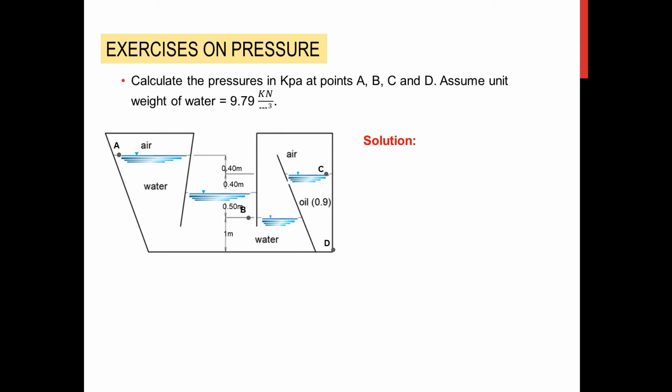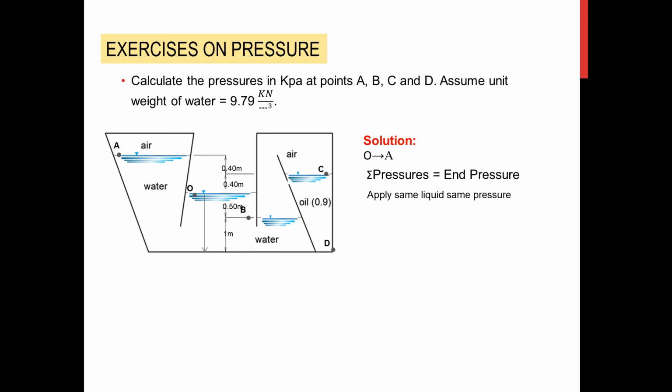For our solution, if this is point O, we start writing the pressure equation from O to point A. So we apply summation pressures is equal to end pressure. And then of course, we are towards A now. We apply same liquid, same pressure.